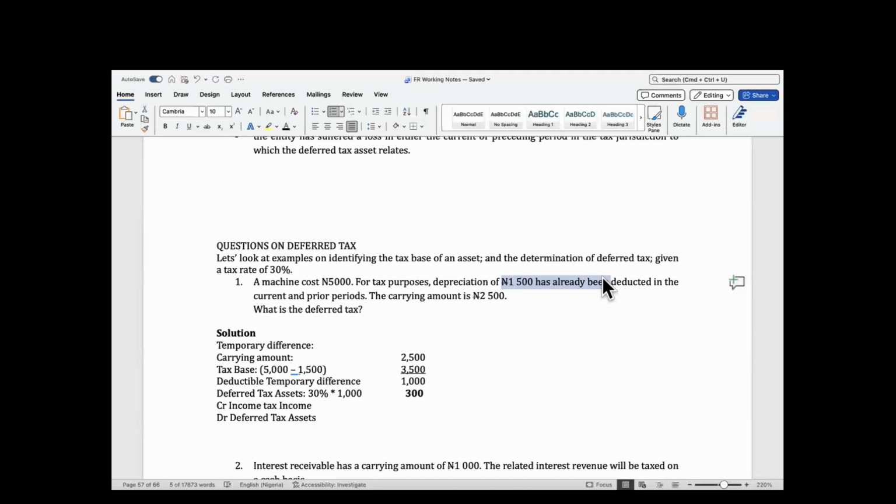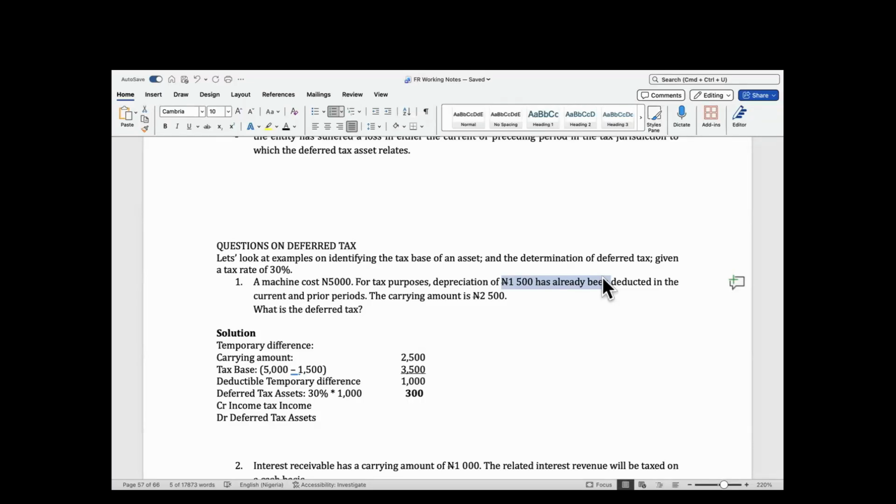Okay, thank you, sir. My question is, I want clarity on these deductible temporary differences. Since I'm saying that the carrying amount is higher than the tax base, and like I've explained previously, when the tax authority comes with their own assessment, the company will pay more.